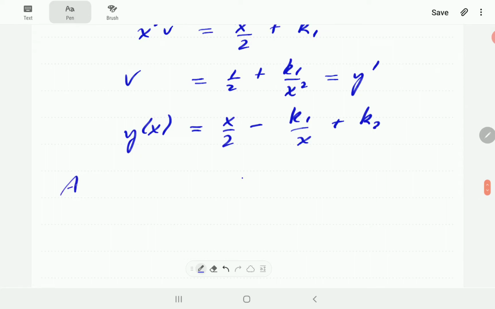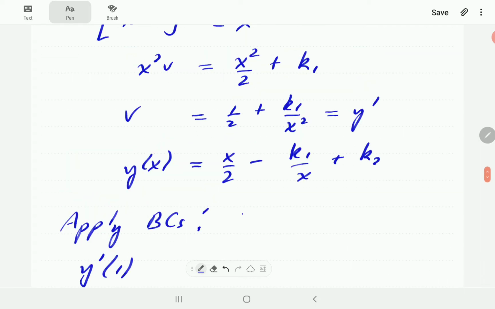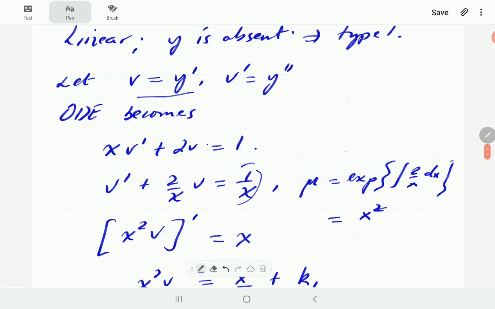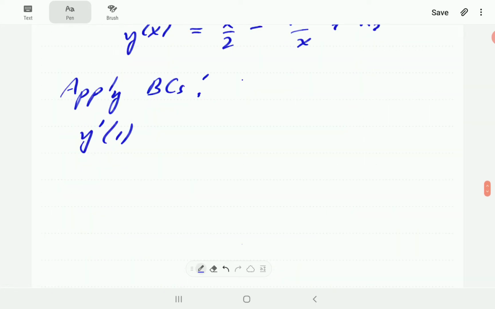At this point, we are now in a position to apply the boundary conditions. If we start with the derivative one, when x is 1, the derivative is 3/2.